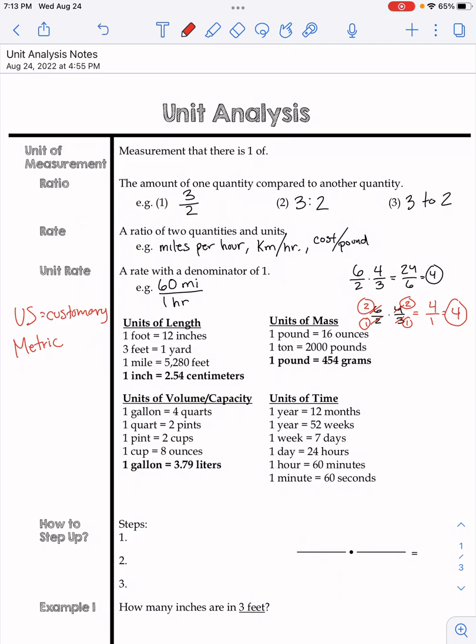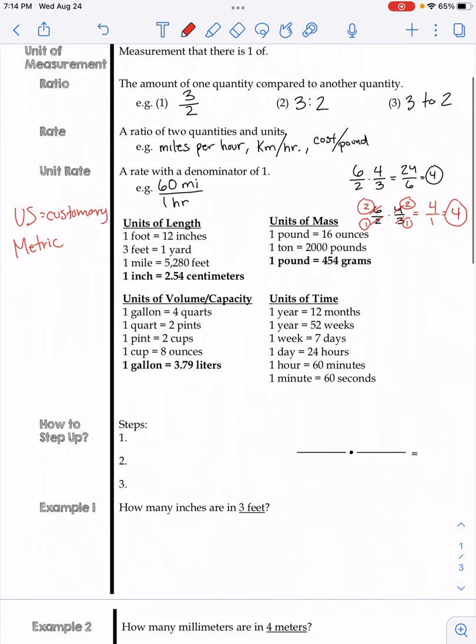How many minutes are in an hour? Those are things you probably don't have to think too much about. But we're going to get to some where the conversions aren't that simple, and there is some math involved for us to get to that answer or unit that we want.